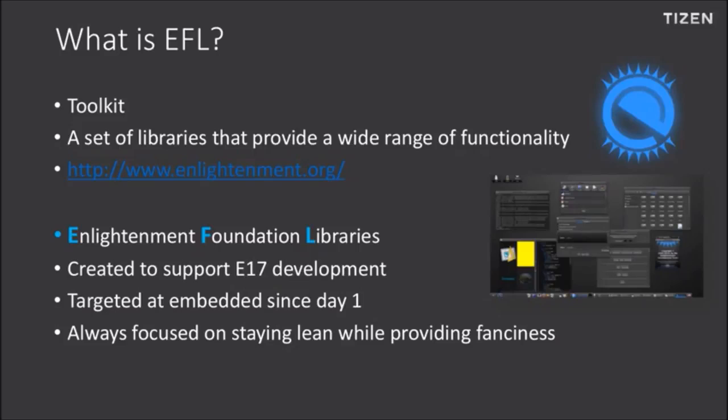It is a set of libraries that provide a wide range of functionality. It was created to support Enlightenment Window Manager in 2001. EFL is targeted at not only desktops, but also embedded devices since day one. EFL always focused on staying lean while providing fanciness.